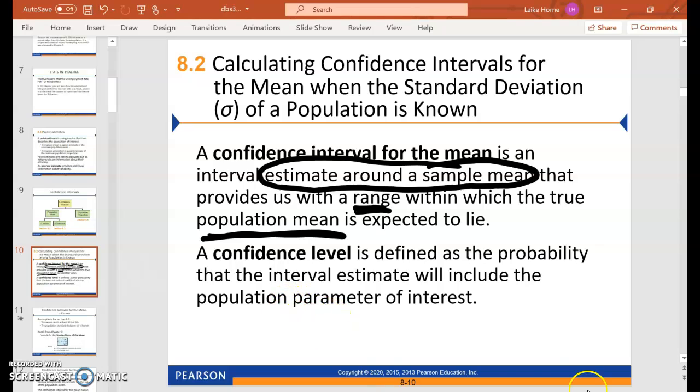A confidence level is defined as the probability that the interval estimate will include the population parameter. So as the confidence level increases, the probability of it lying within that interval will increase.